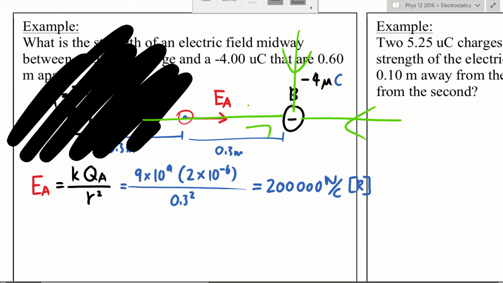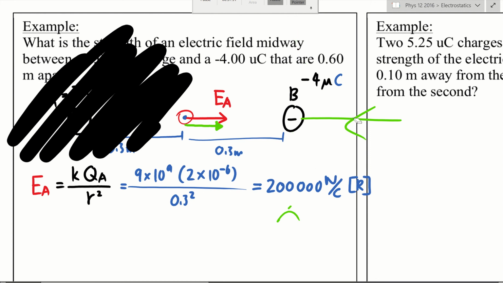So at the point that it goes through the middle point between the two charges, that electric field from charge B happens to be also pointing to the right-hand side. So you have another one that also points to the right-hand side.